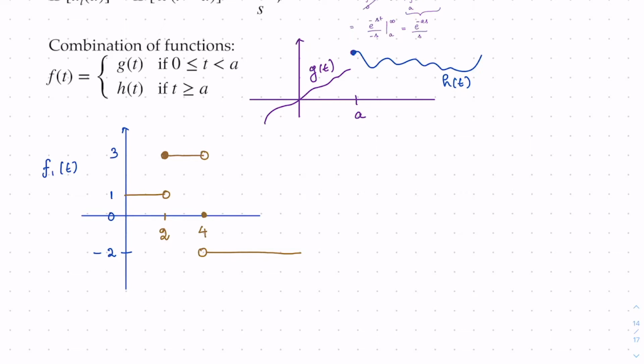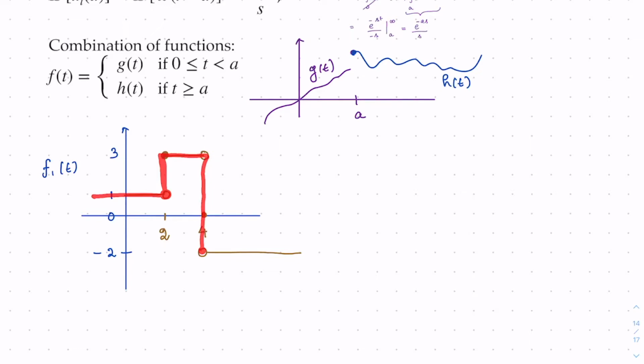Now what is happening is this is 1, correct? I want you to think of it this way. The function is 1, then at 2 it moves up 2 units. From 1 it's going to 3, and then at 4 it's coming down 1, 2, 3, 4, 5 units.